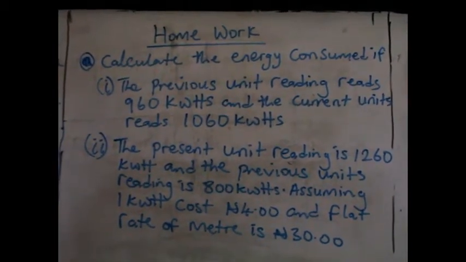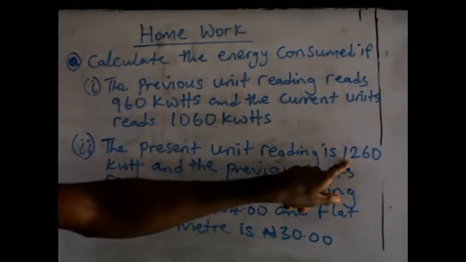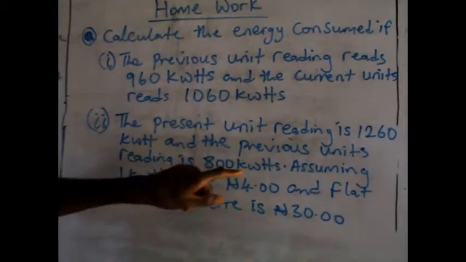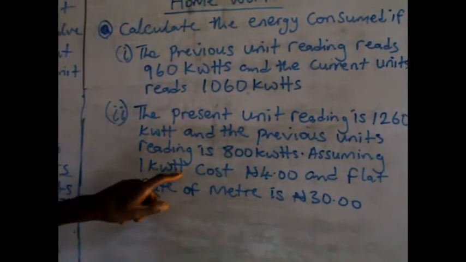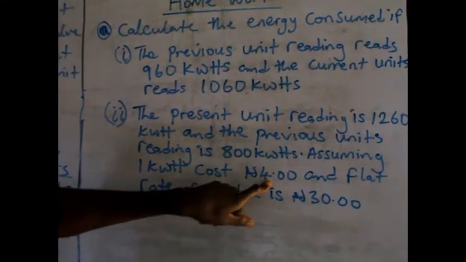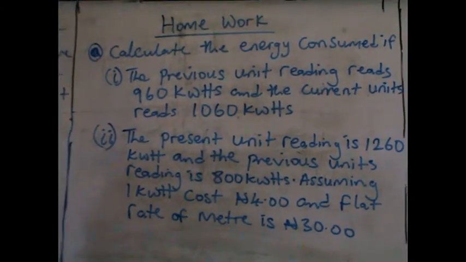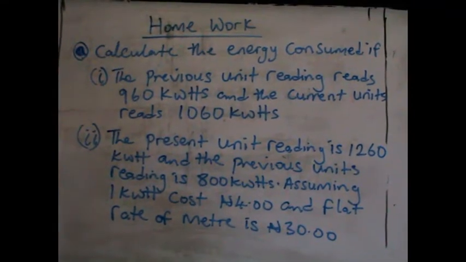If you have any problem, let me know. Then B, the present unit reading is this, in kilowatts, and the previous unit reading is this. Assuming 1 kilowatt costs 4 naira, and the flat rate of the meter is this. So calculate the energy consumed, and let me have the answer in our next class.